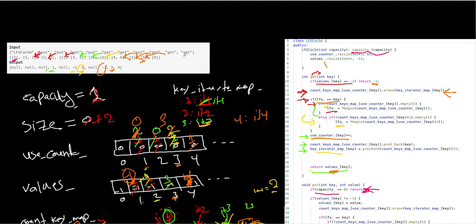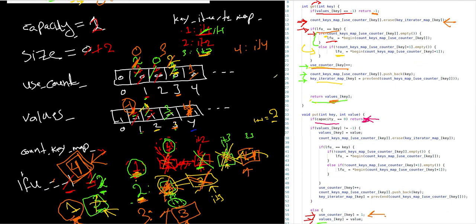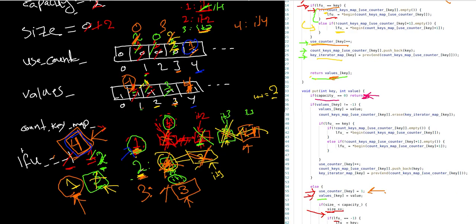Next we have the last query, which is get 4. Now 4 is not -1, and we need to check if 4 equals the key, and that's true. Then we need to check the count of key, count of 4 is 1. Does 1 have any value?